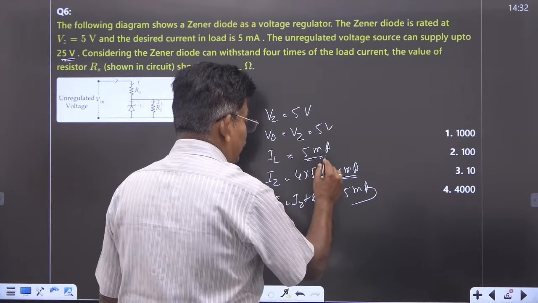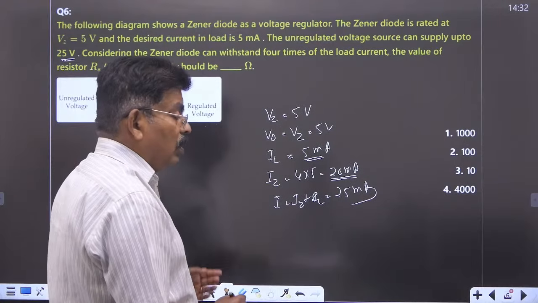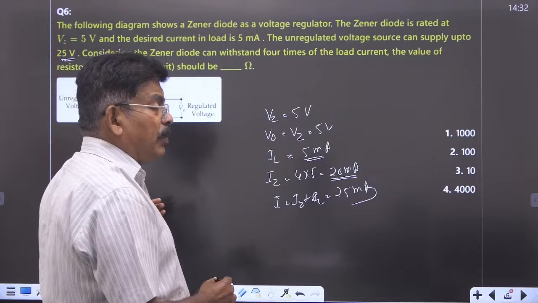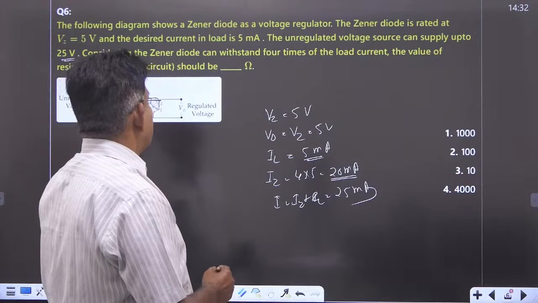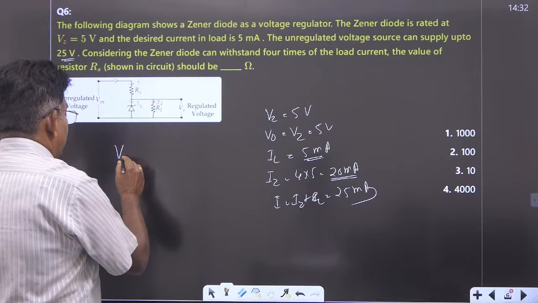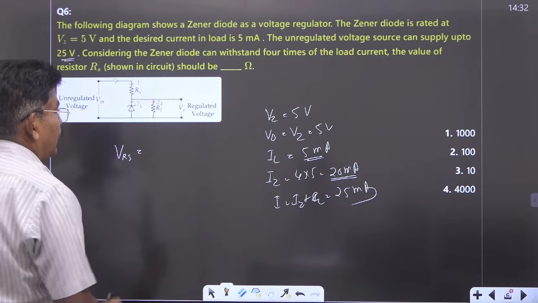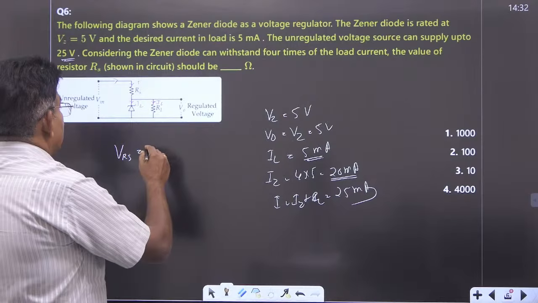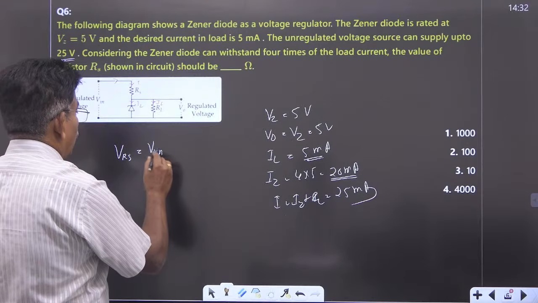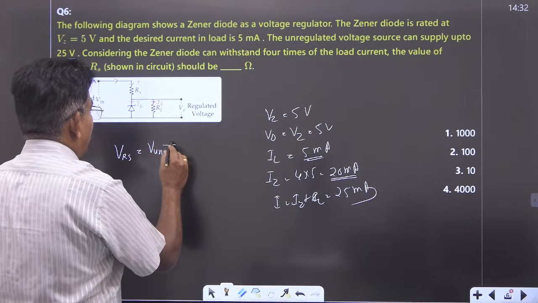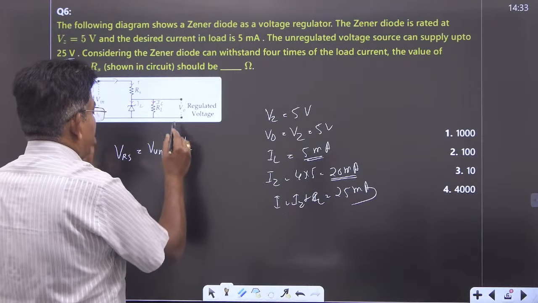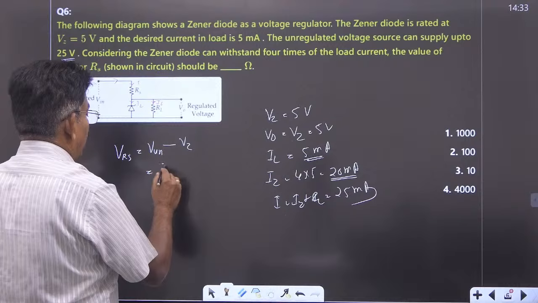Here it is told that maximum Zener current is 20 milliampere. So load current is maximum. Therefore, voltage across the unregulated supply is maximum, and voltage across series resistor is maximum. Now, what is the voltage across series resistor RS? It is unregulated voltage VUN minus Zener voltage, because Zener voltage and load voltage are the same.